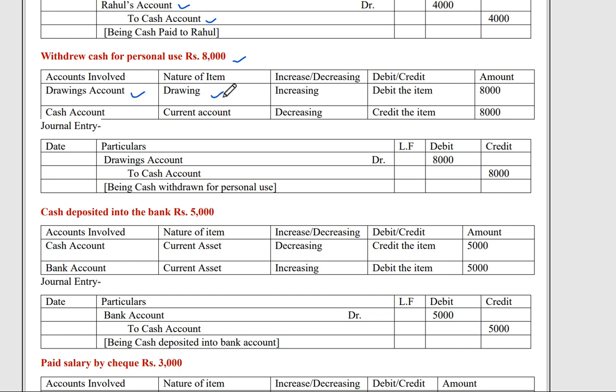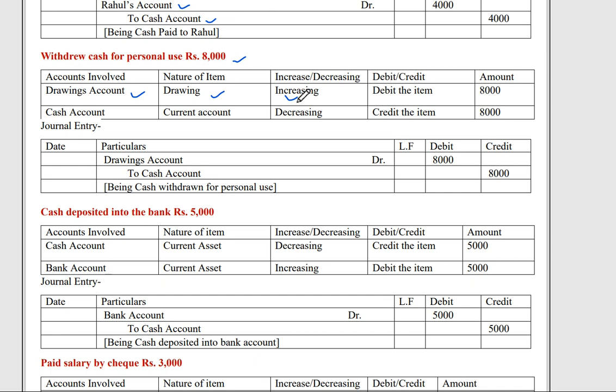The nature of the item is drawings, and when we draw an amount from the business, the drawings are increasing. If we are paying back against drawings which we made previously, for example, assume that in my business I had taken 10,000 rupees last month, that is drawings increasing.